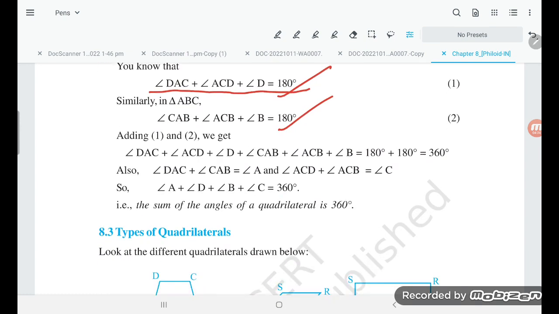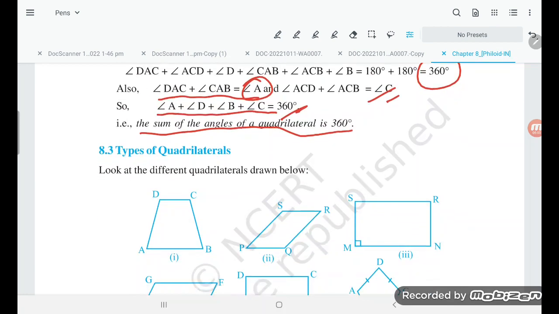Adding 1 and 2, it is coming 360 degrees. Angle DAC plus angle CAB is equal to angle A, angle ACD plus angle ACB is equal to angle C. So angle A plus angle B plus angle C plus angle D is equal to 360 degrees. The sum of all the angles of a quadrilateral is 360 degrees.